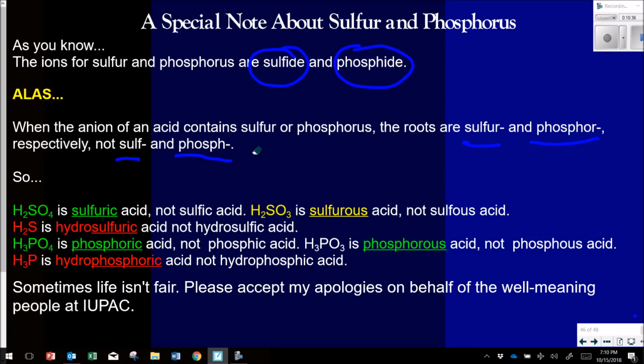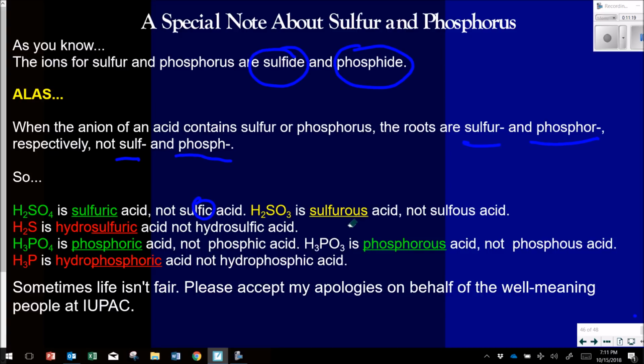So what happens is H2SO4 becomes sulfuric acid and not sulfic acid. Similarly, H2SO3 is sulfurous acid, not sulfous acid. And finally, H2S is hydrosulfuric acid, not hydrosulfic acid.